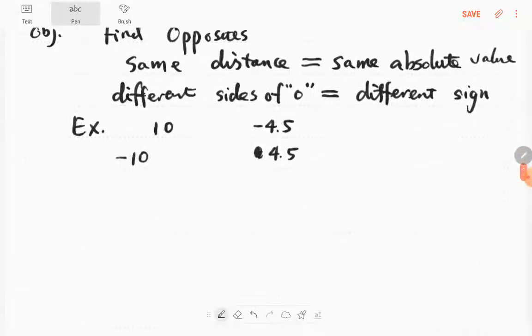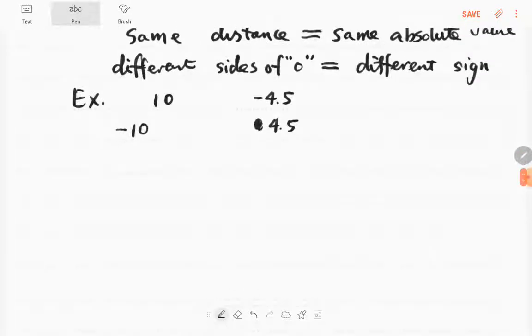But we have some property of this. A plus negative A equals 0. Okay, so a number plus its opposite, the sum is always 0.